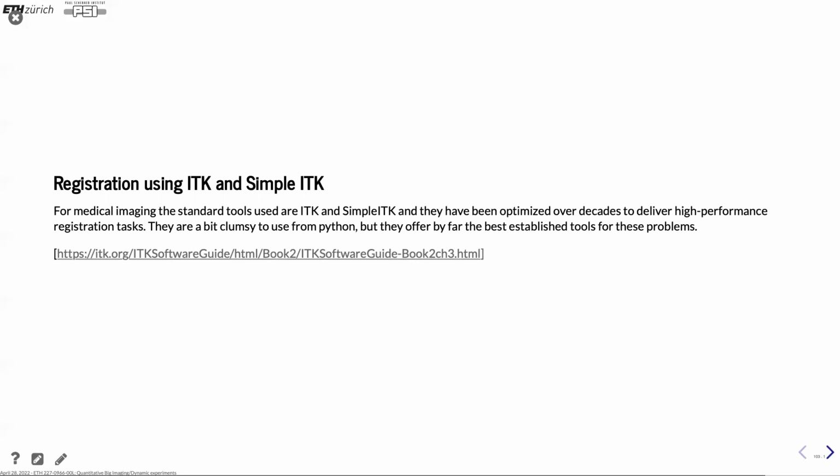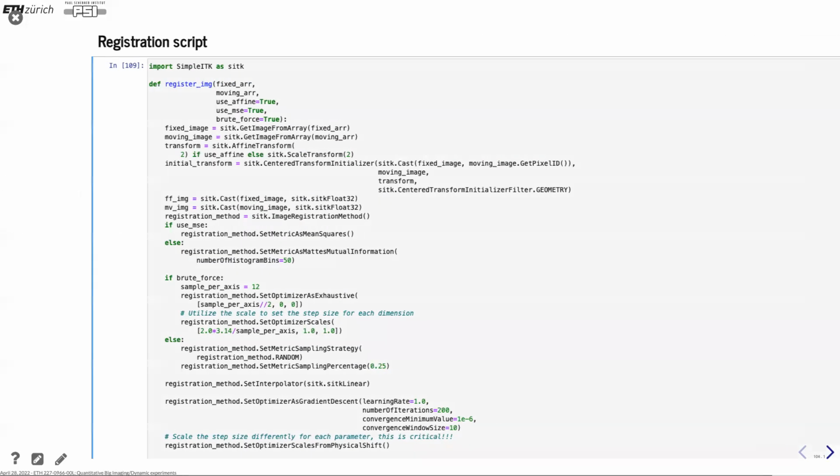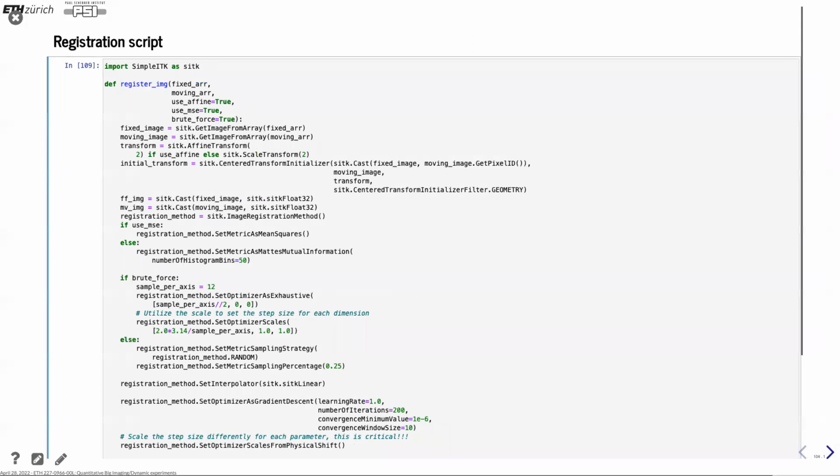And in ITK and SimpleITK, there are a lot of algorithms to do it. And here is a piece of code that does the registration for you, where you set different images, fixed and moving images.